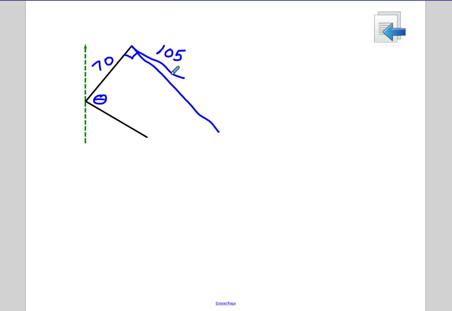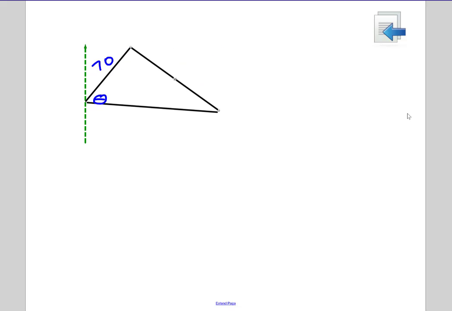That's not a very good picture here. We could do better than that. That makes it look a little bit better. So we went 70 nautical miles here. We found out this was a 90-degree angle in here.